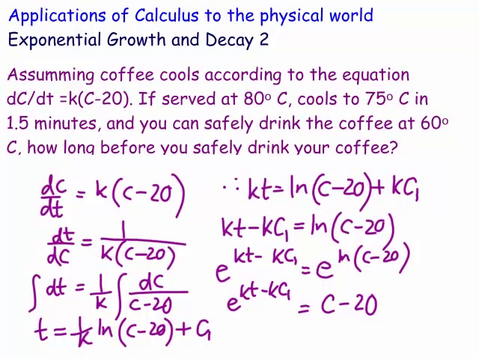Now what we normally do is assume t is equal to 0. So when t is equal to 0, let's have a look at what happens.